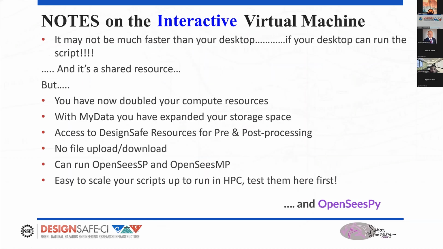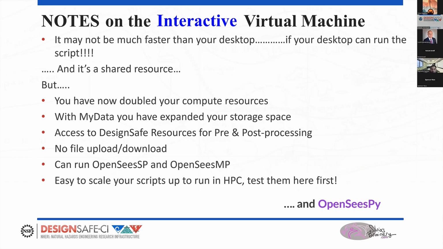So the notes on the interactive machine are very important because it may not be much faster than your desktop, okay? If your desktop can run the script, all right? So I don't have MP nor SP on my desktop, and it's also a shared resource. So maybe doing everything on my own computer may be faster, but hey, to me, it's another machine out there. So maybe I can have some things on my desktop and run things there.